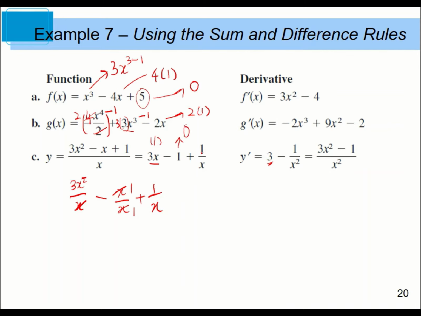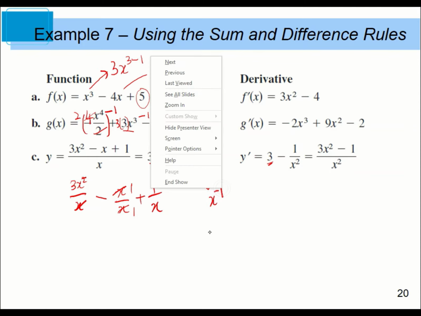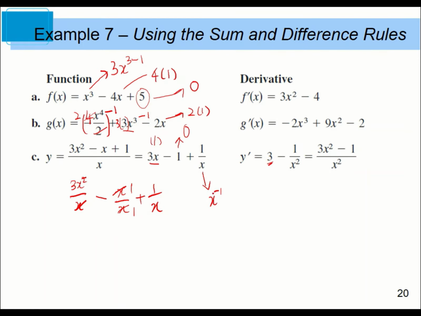Now finally, differentiate 1 over x. The 1 over x is actually x to the power of negative 1. So when we differentiate, negative 1 comes down, and x to the power of negative 1 minus 1 becomes x to the power of negative 2.